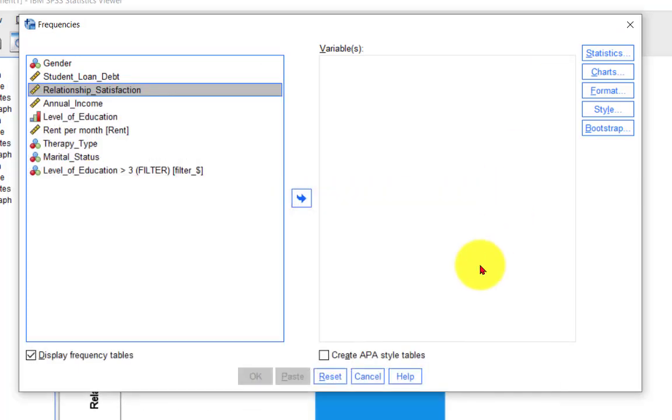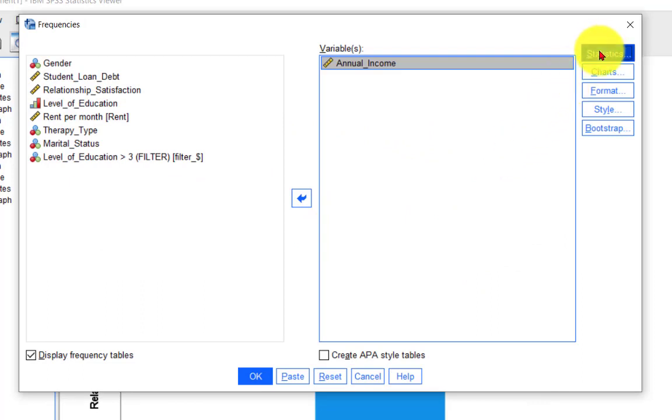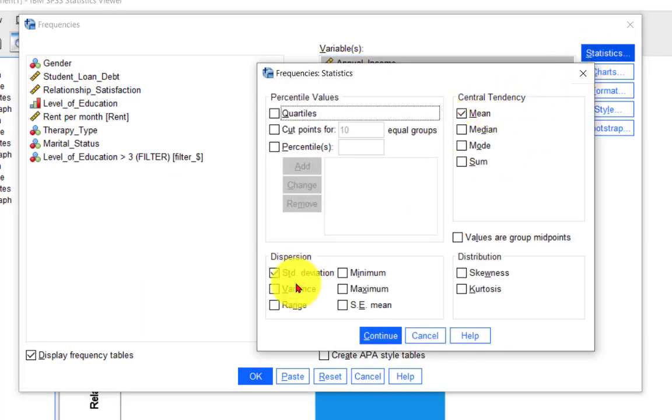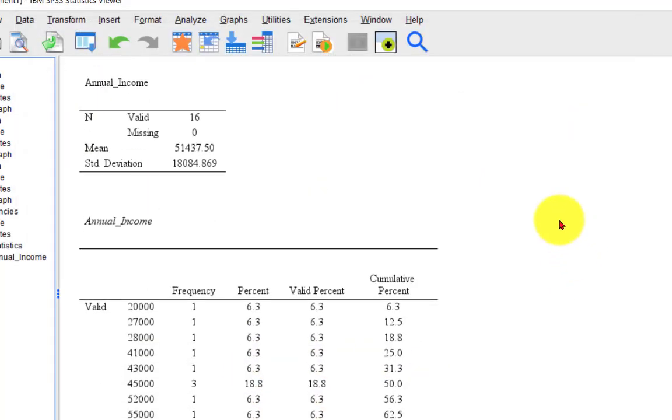Income, annual income. And I just want the average there, the mean and standard deviation. Sure, why not? And this is our one big group here, right? So the mean of just those 3 groups is $51,437. Period. So that's how that works.